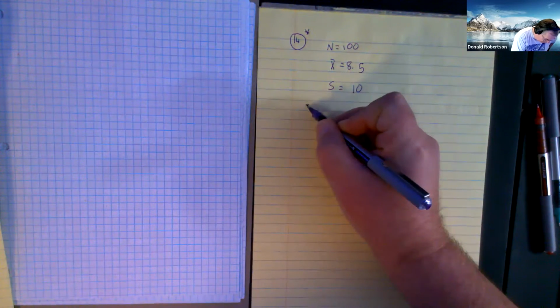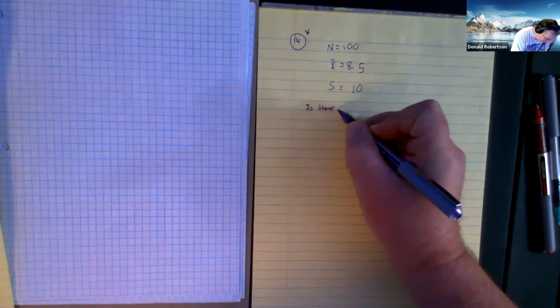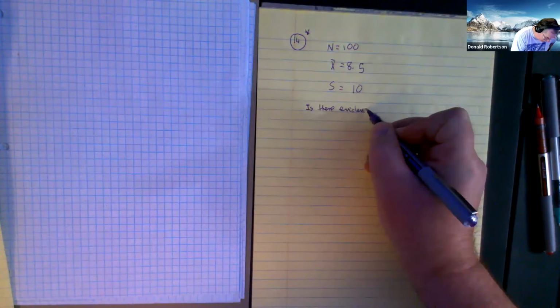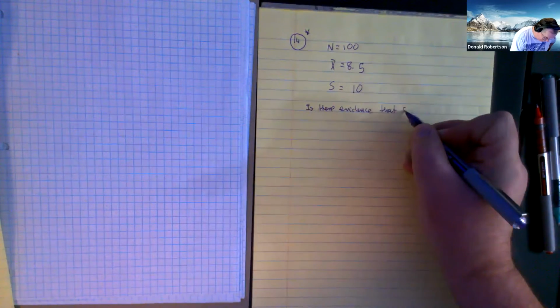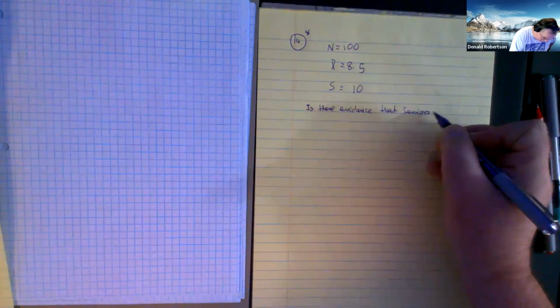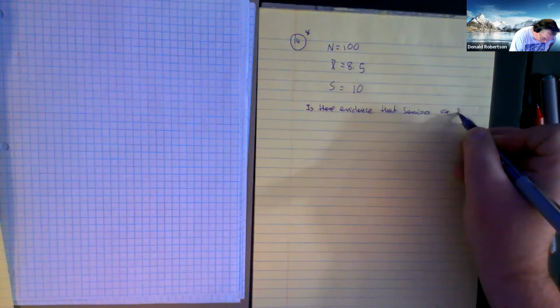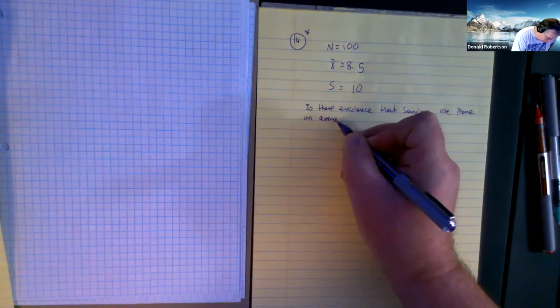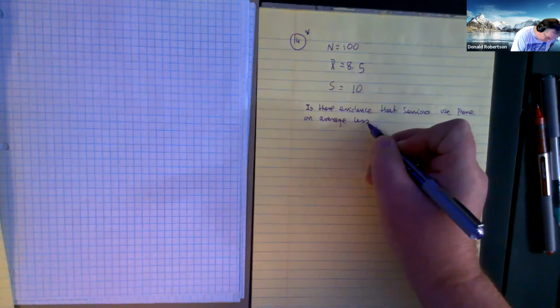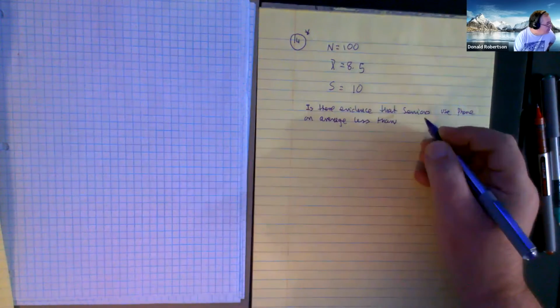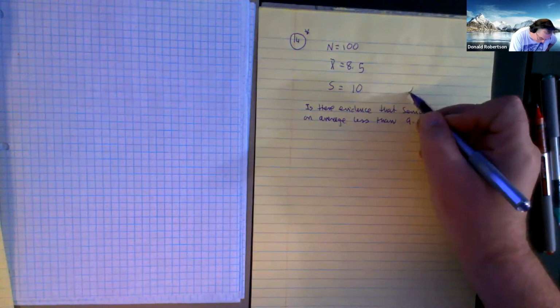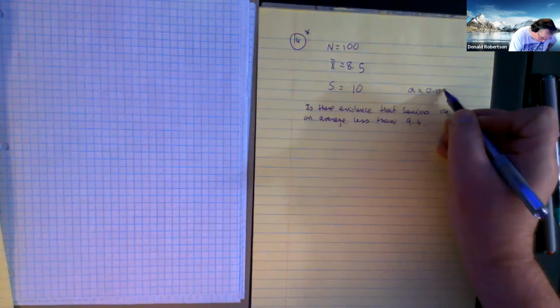And we want to know, is there evidence that seniors use the phone on average less than that initial number, that is, less than 9.4 minutes. And the significance level here is 0.05.